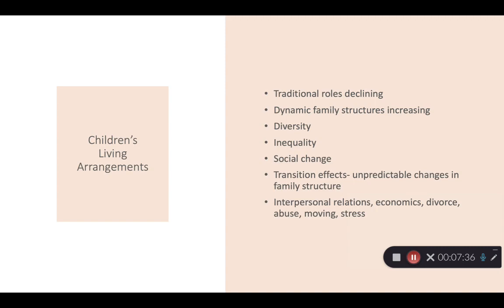So again, you're starting to see this incredible diversity in the family structures, the types of families, the racial and ethnic compositions of families, interracial marriages, same-sex marriages, and all of this is then associated with children's living arrangements. Again, how does divorce affect the children? From a psychological perspective, every divorce is traumatic in some way on children, if only because it creates a change in the family structure itself.